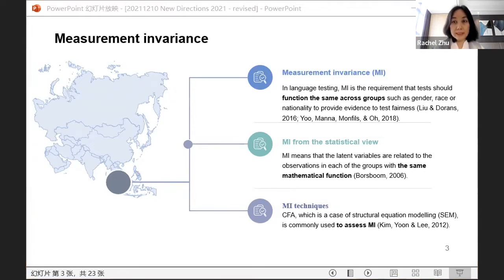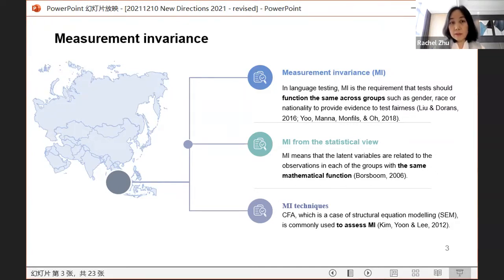Measurement invariance is defined as the situation where there is no statistical difference between different parameters. And in language testing, measurement invariance is a requirement that tests should function the same across groups, such as gender, race, or nationality. And thus, it can provide evidence for test fairness.